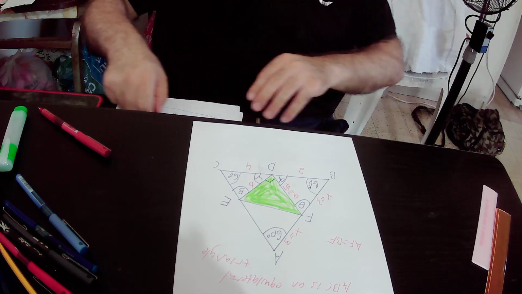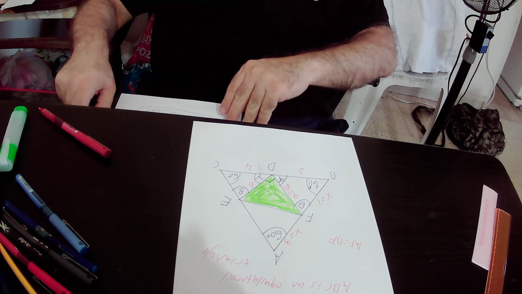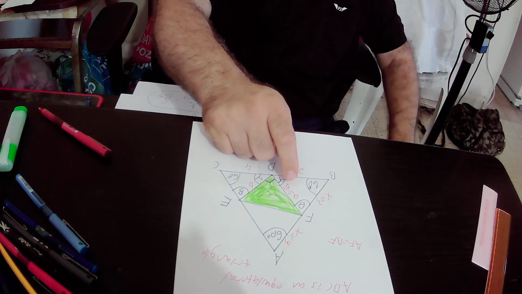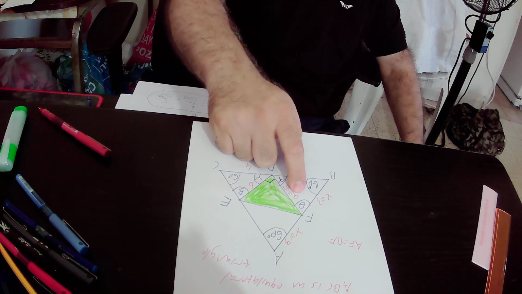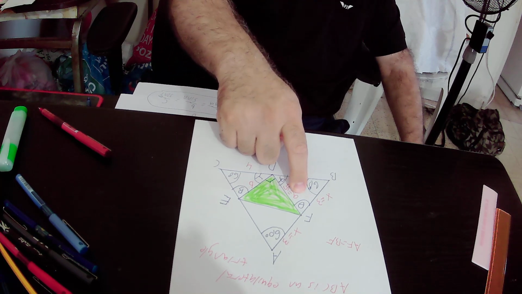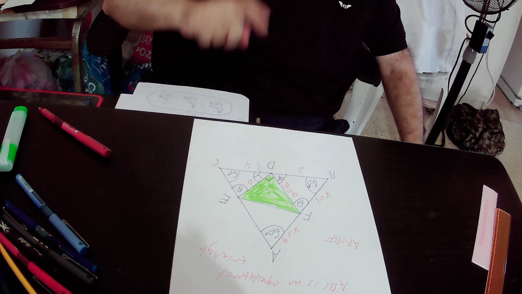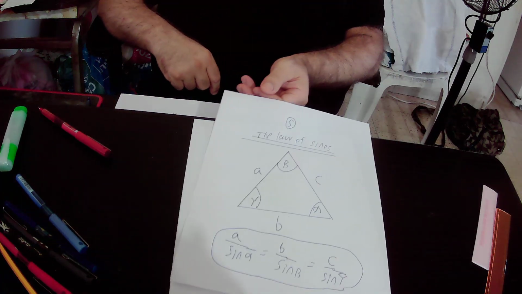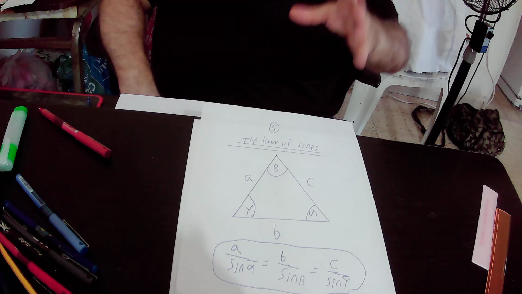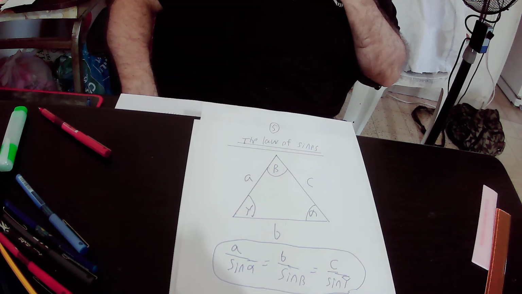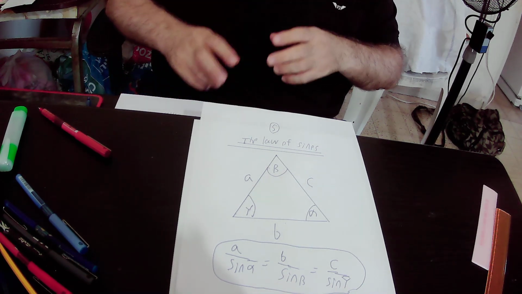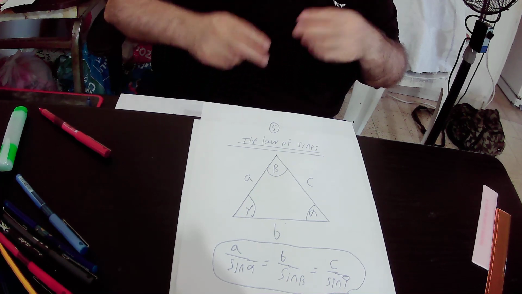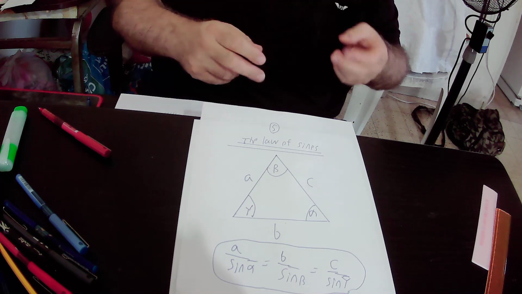Okay, then we actually calculated the value of sine theta here according to the law of sines. The law of sines states that in any triangle the following relationship exists between the sides and the angles of any triangle.